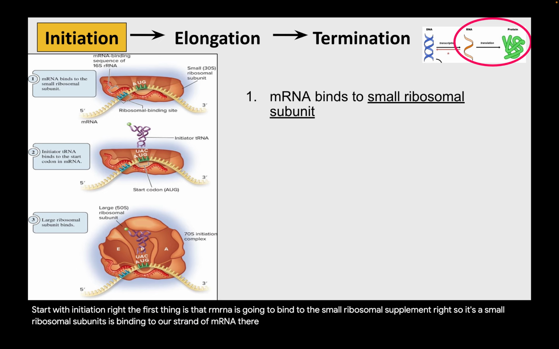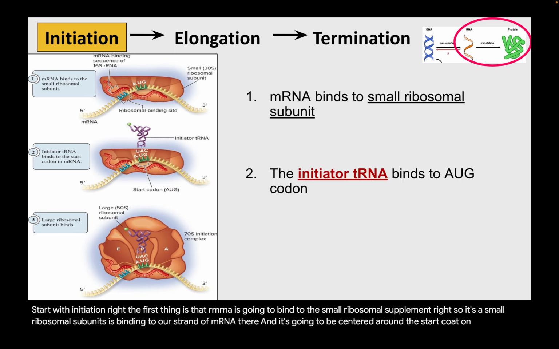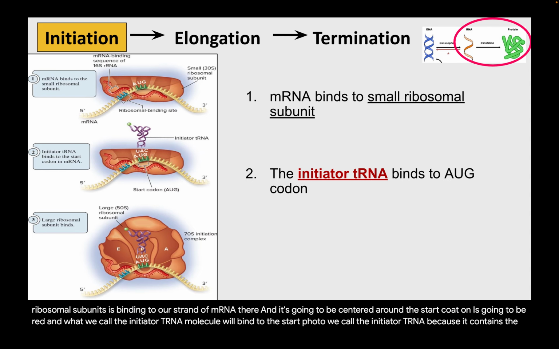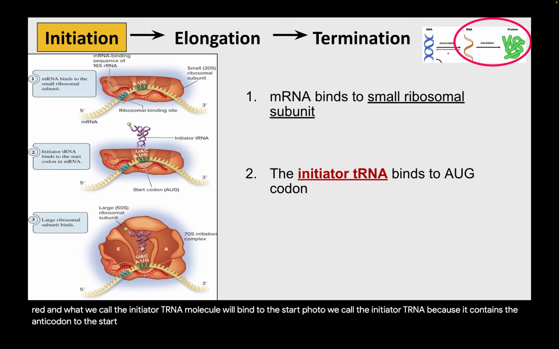Once it's bound, and centered around the start codon, the start codon is going to be read, and what we call the initiator tRNA molecule will bind to the start codon. We call it the initiator tRNA because it contains the anticodon to the start codon. It initiates the start of translation.